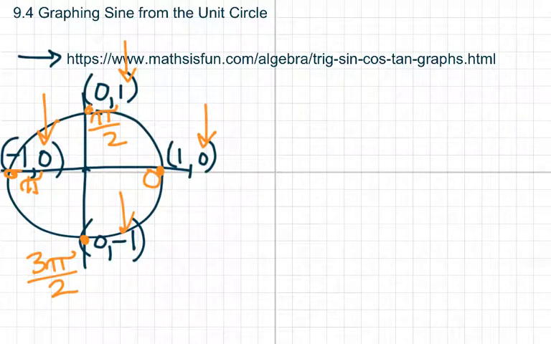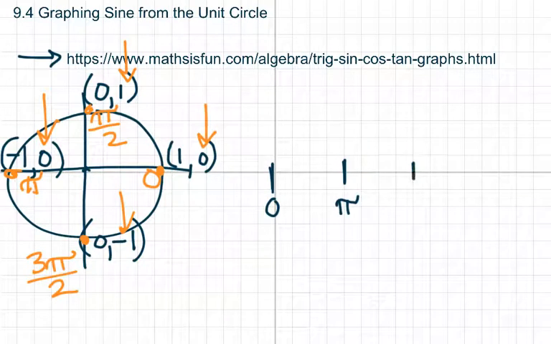So let's say I was going to take that and put it on this graph here. Say I label this 0, 1, 2, 3, 4, and I could label this pi. I could label this 2 pi, and of course the halves will be in the middle.